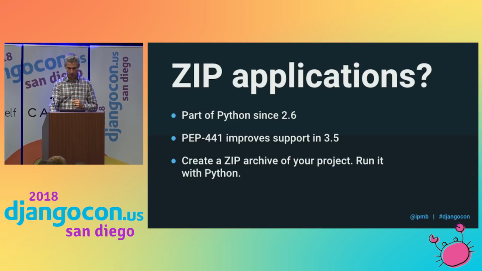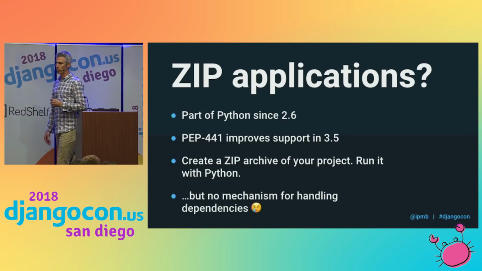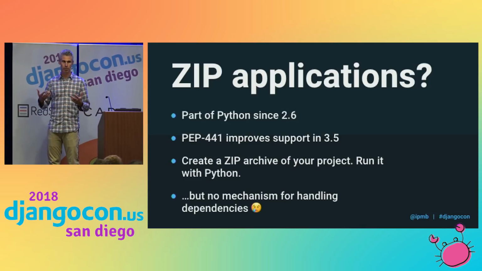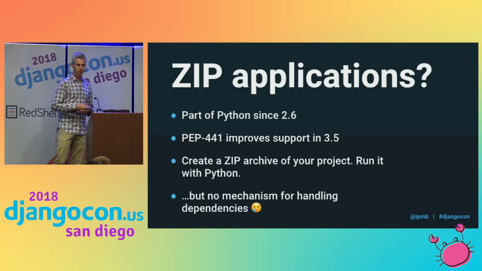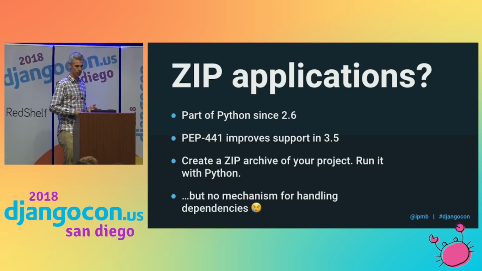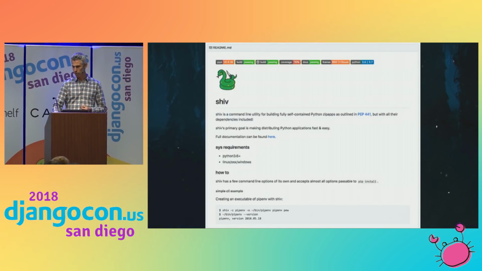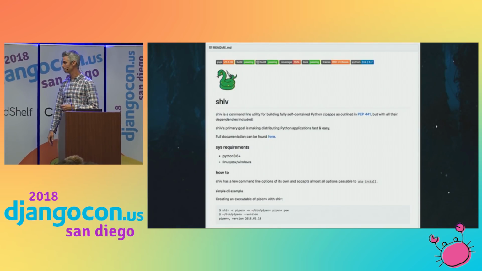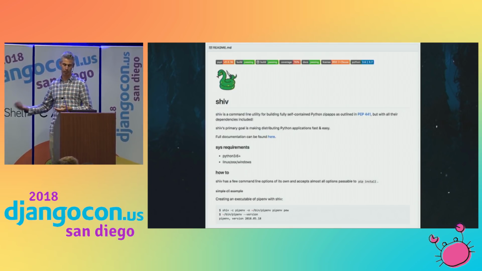The big problem with zip applications is there's no way of handling dependencies. I can run my Python files without a problem, but if I want to run Django, there's no way for me to pip install it. Well, there's a new project out there called Shiv, and it is a reimagination of PEX.